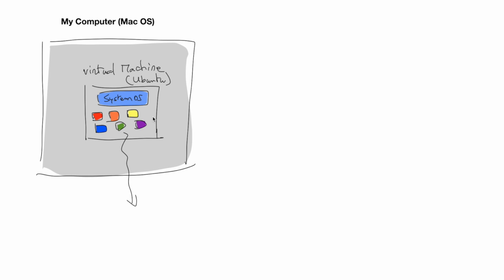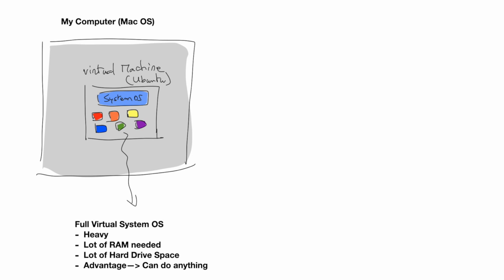So you enter this, and you install whatever you need in order to get your Code_Aster solver working within the virtual machine, right? But there are some disadvantages to doing it like this. It's a full virtual system OS. So it's really a computer within a computer, so it's heavy, and you need basically a lot of RAM on your first machine to have this virtual machine running. You will need a lot of hard drive space.